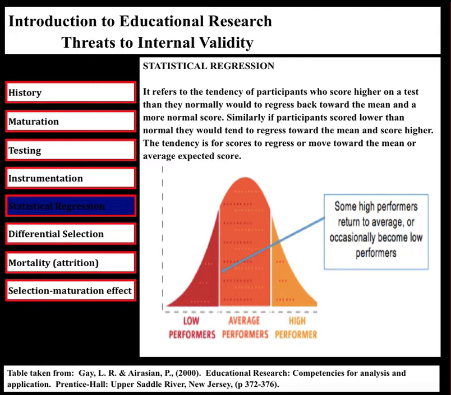You could have an intervention and then give a test to see if it worked, and some people maybe got lucky and got really high scores. But those scores may not be indicative of their normal score, and if they took the test again, their score would probably move back towards the mean. That's called statistical regression.